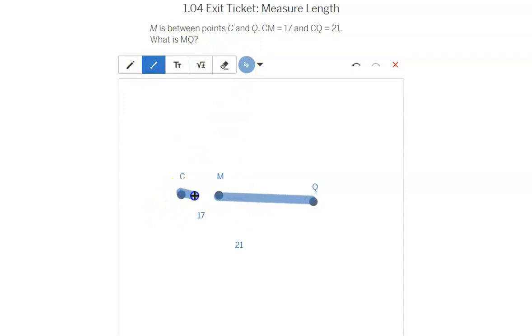I know that this is 17 and I know that this whole entire thing is 21. So I'm going to say 21 minus 17, and I find out that the measure of MQ is 4. Nice work. If you have any questions, send me a text or an email or give me a call.